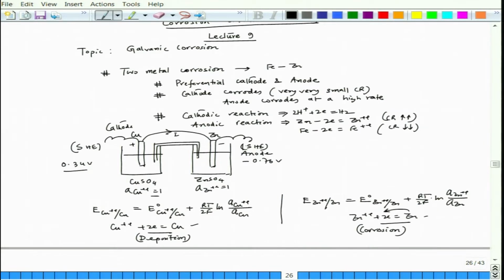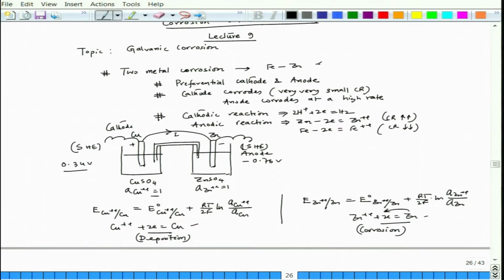Now, this case and that case are different. This is also galvanic corrosion of zinc, but here we have ions of both the metals in the solution. But in the iron-zinc case, ions of iron and ions of zinc are not present in the solution.